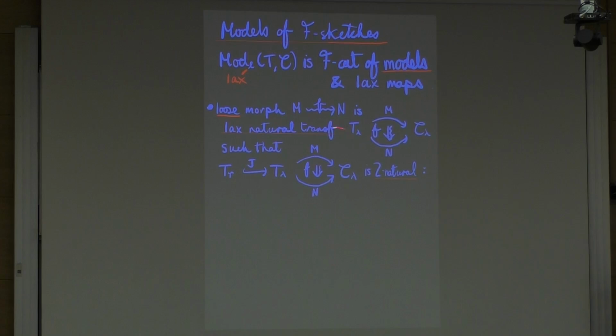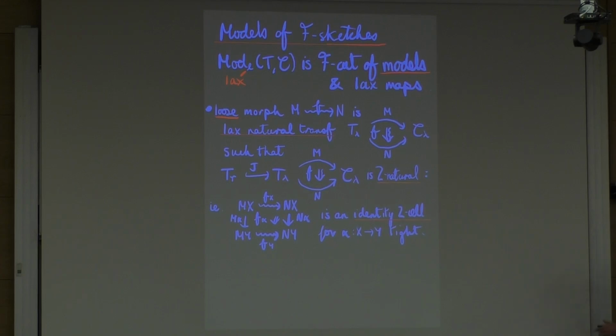The loose morphisms in the lax case are lax natural transformations just on the 2-category of loose maps, such that when you restrict to tight maps, it becomes a 2-natural transformation. So in more elementary terms, that means that you have these loose arrows and you have your lax naturality 2-cells, but these have to be identities for those tight arrows there. Okay?